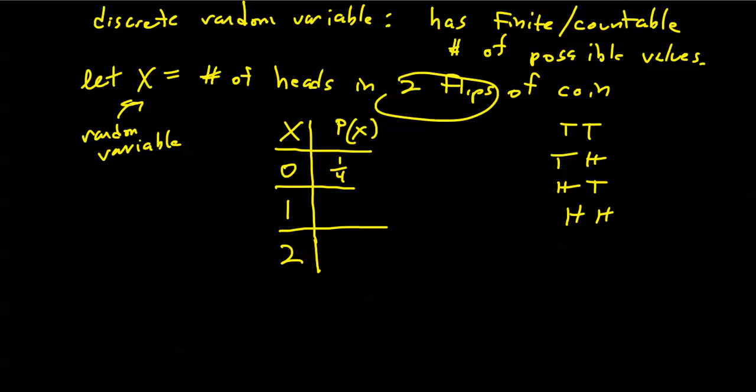The probability of 1 head, well, there's 2 ways to get 1 head, tails, heads or heads, tails, so that's 2 out of 4, or 2/4, and I'll leave the fraction unsimplified for the moment. And the probability of 2 heads in two flips, there's only 1 outcome out of those 4 that has 2 heads.